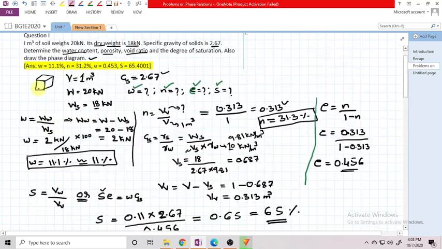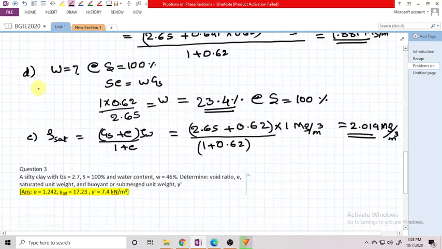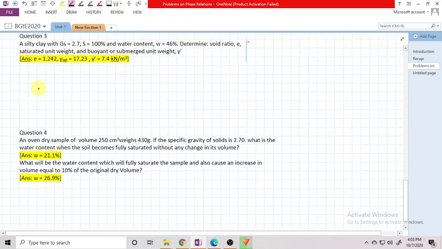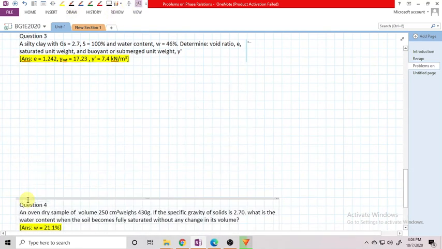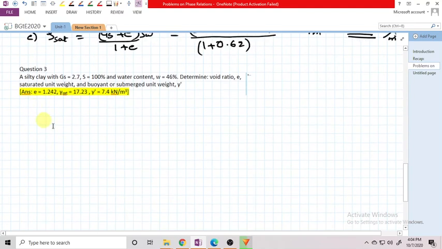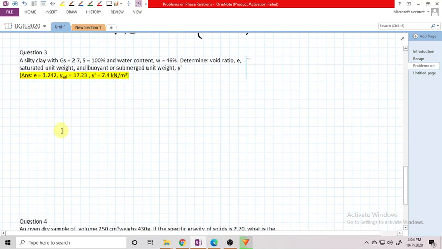So two problems we have seen. Let me go to the third problem. Let me go through this problem. What have they given? A silty clay with a specific gravity of 2.7, and degree of saturation 100%.